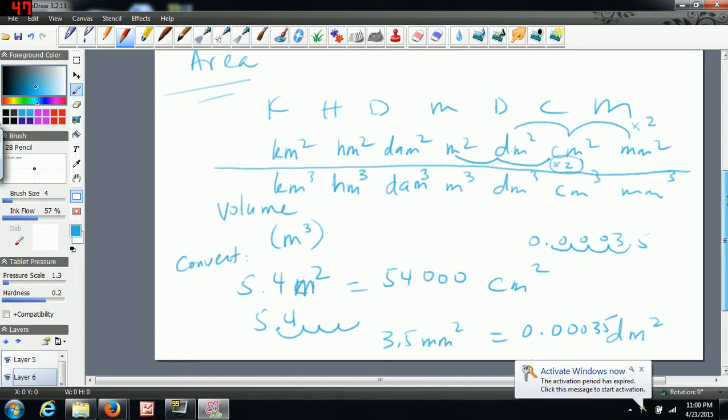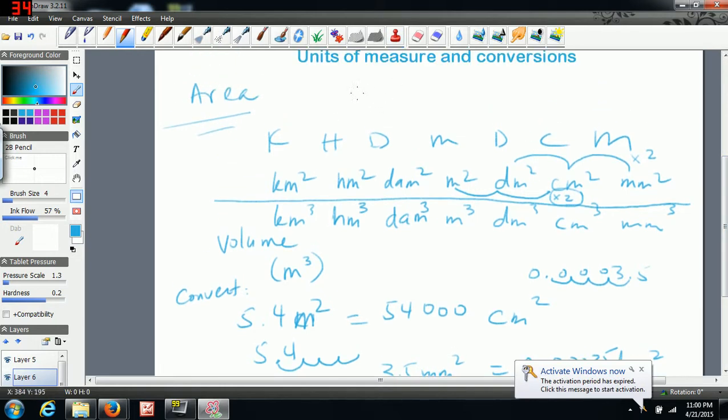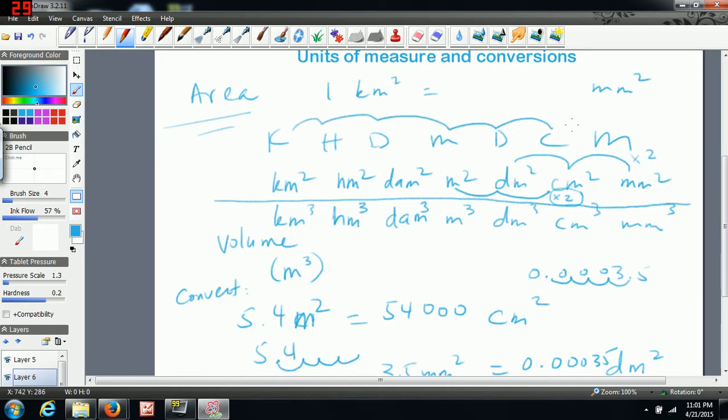Say we were going from kilometers squared: 1 kilometer squared equals how many millimeters squared? Normally with kilometers and millimeters, if there were no squares, we would use the previous chart and just move over 1, 2, 3, 4, 5, 6 units. But in this case, because it's squared, it's 1, 2, 3, 4, 5, 6, and it gets multiplied by 2.